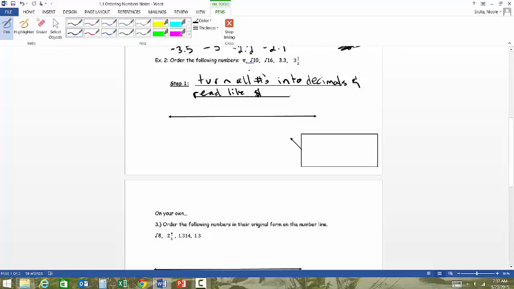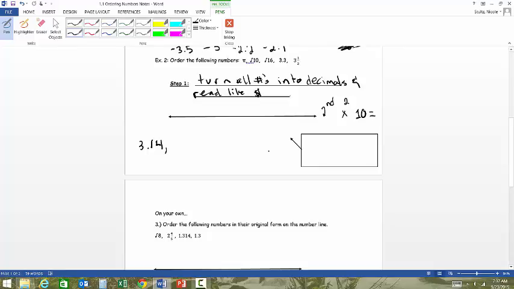So on your calculator, if you don't know what pi is, it's 3.14. There is a pi button that you could hit, pi and equals, and it'll tell you, but that's what it rounds to. To do the square root of 10 on our calculators, you'd have to hit the second x squared button and then type 10 and then hit equals.